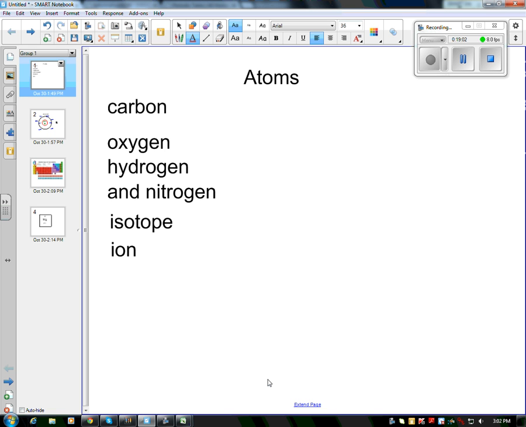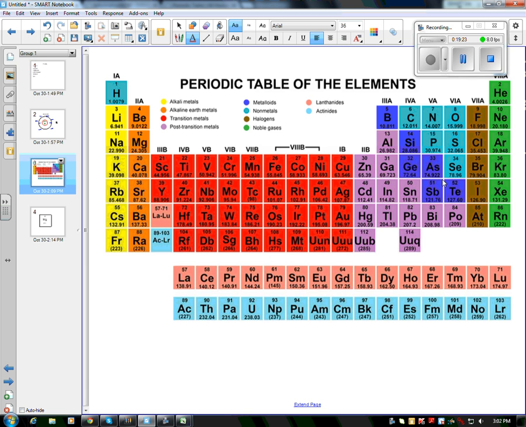But an ion is of the same element where it's either gained an electron or more than one electron, or lost an electron, or lost more than one electron.